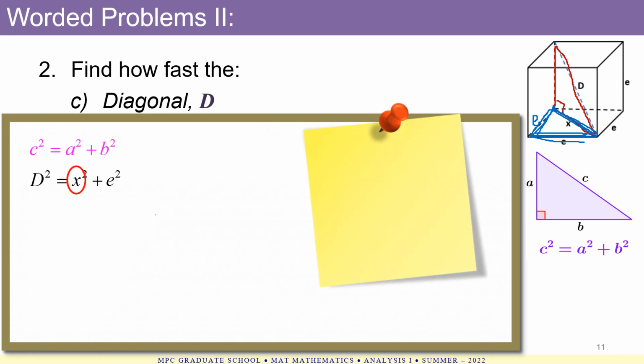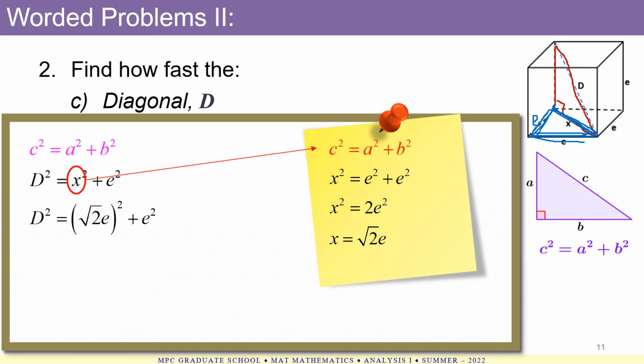That would be x equals square root of e squared plus e squared, which is square root of 2 times e. So we can write that as d squared equals the quantity square root of 2 times e, squared, plus e squared.